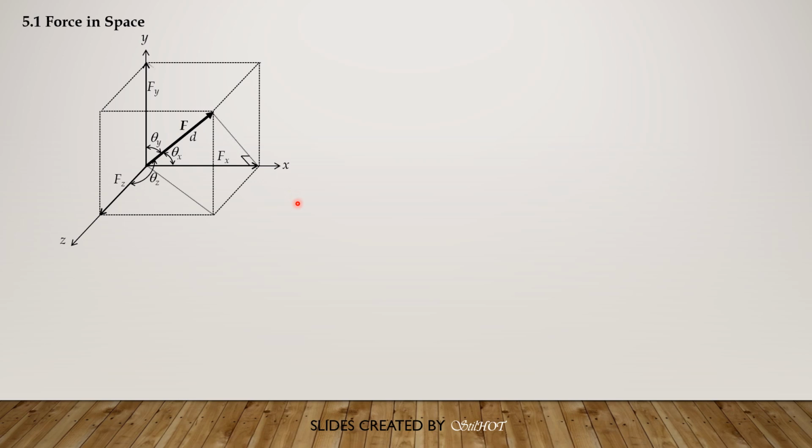From the figure, also the Fy makes an angle of 90 degrees with this diagonal on the top, and it's 90 degrees between the diagonal and the y-axis. And we conclude that this Fz and F, their tips are connected with an imaginary line which is perpendicular to Fz, so it's 90 degrees between this diagonal tip to tip and the z-axis.